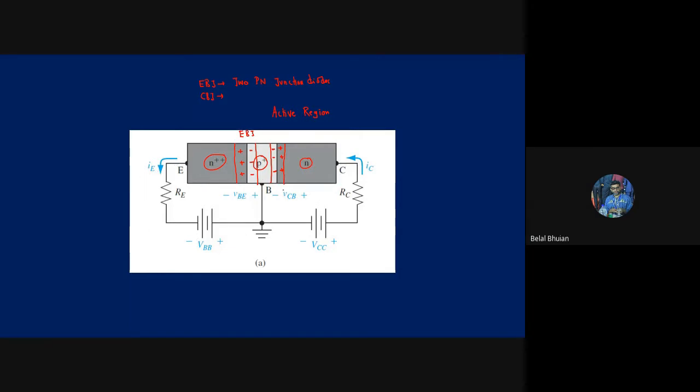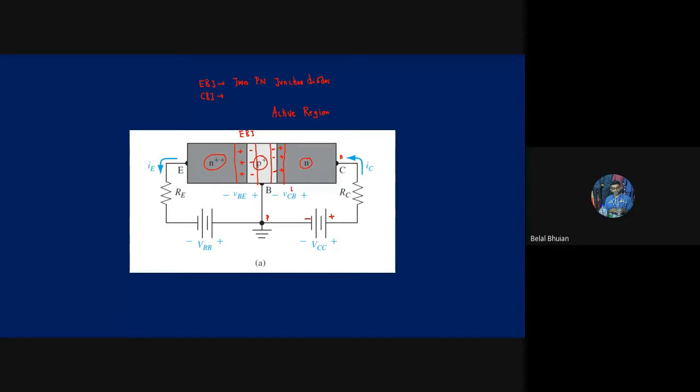CBJ is reverse biased: the negative terminal is connected to the P side and the positive terminal to the N side.